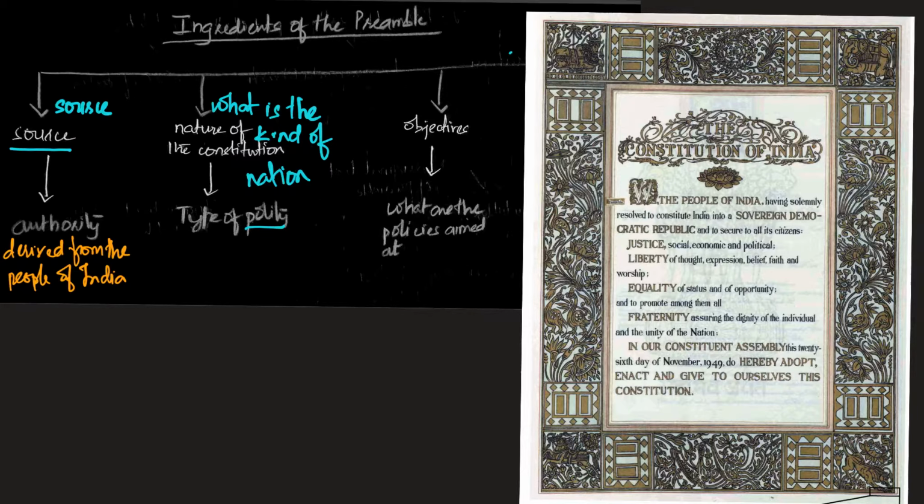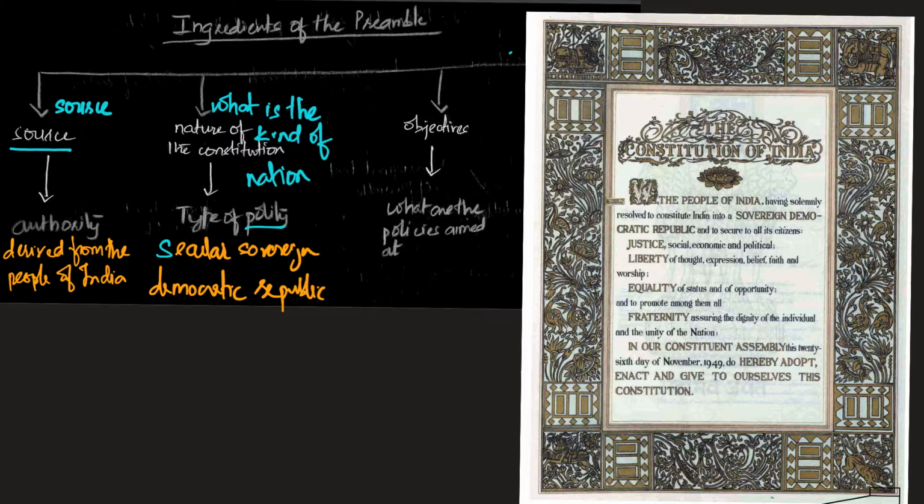The type of polity in India is based on the secular policies, the sovereign policies, the democratic form of government, the republic form of government. That's it with the kind of polity we have in the nature of the Indian constitution.